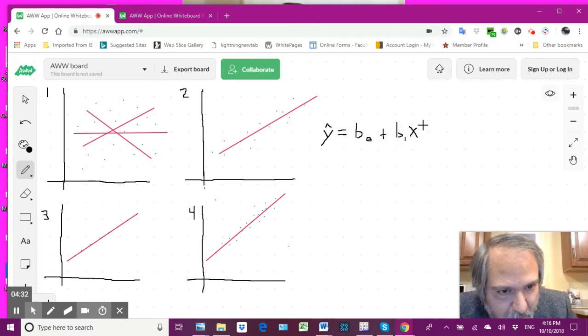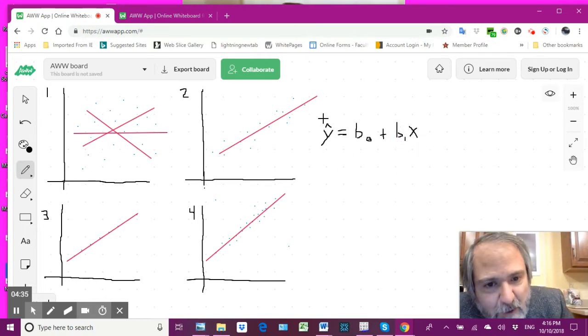Okay, x would be my independent variable.